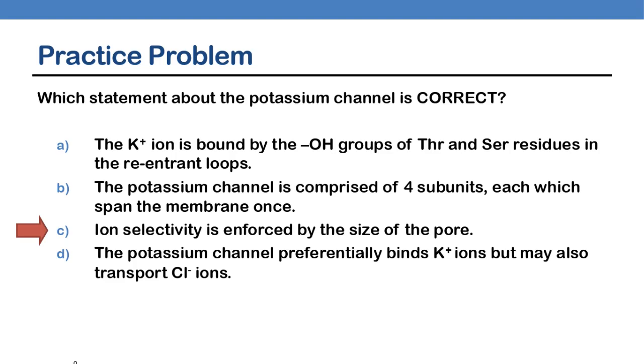Someone says, can you repeat why A was wrong? A is incorrect because it's not the hydroxyl group on the serine. It's the carbonyl backbone. So you're going to have four of those carbonyl backbones and then the hydroxyl from the threonine. Great.